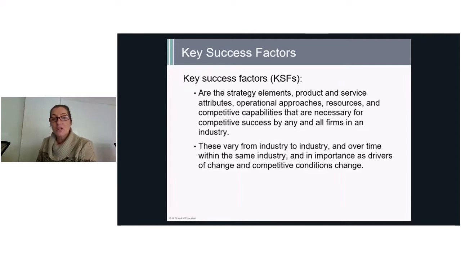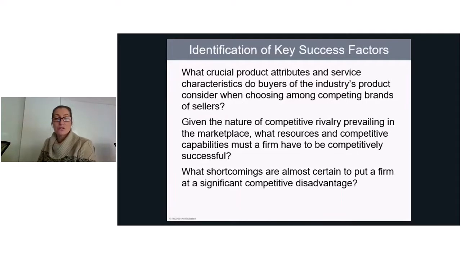Okay, so they are strategic elements that include product and service attributes, operational approaches, resources, competitive capabilities, and these key success factors are necessary for the organisational success. They vary from industry to industry, and some organisations may put a higher priority on particular success factors than others. They may also change over time and as market conditions change.